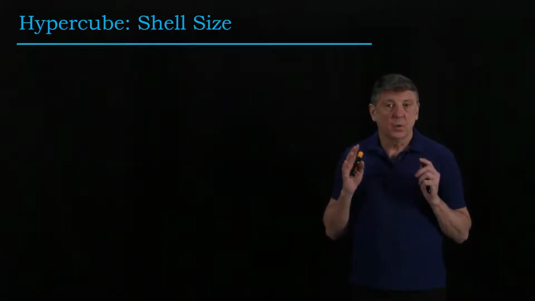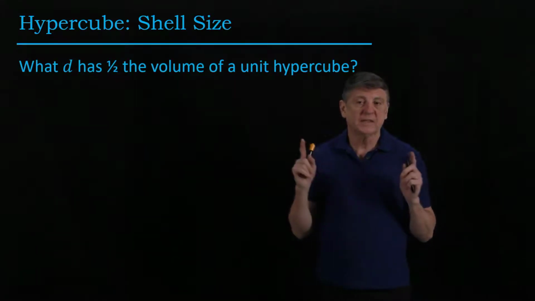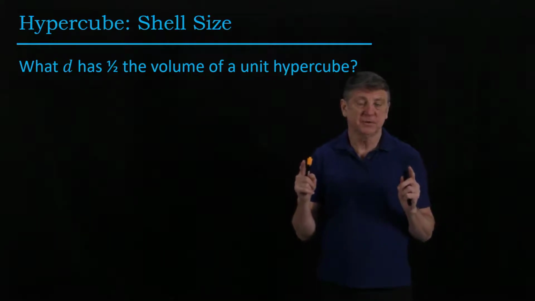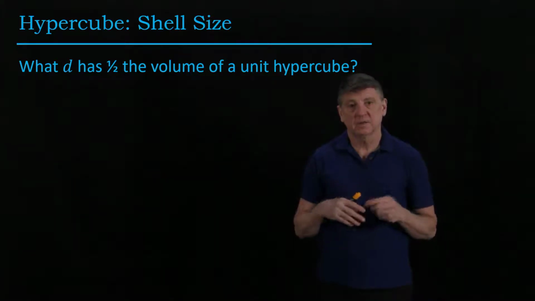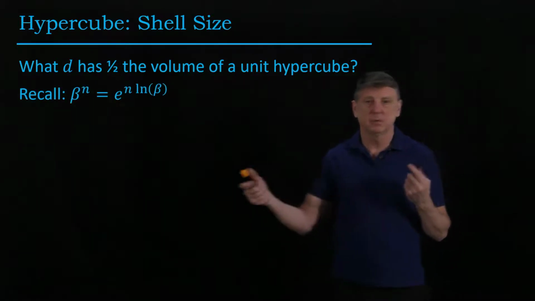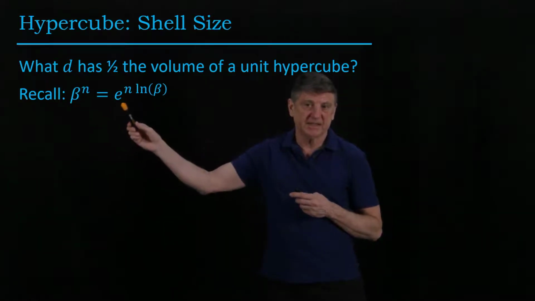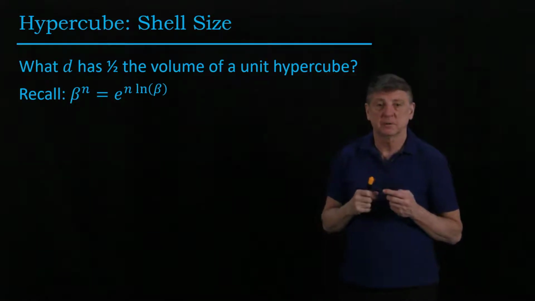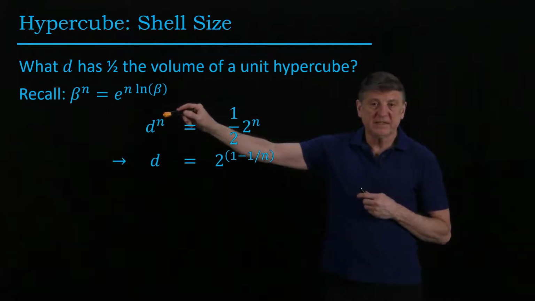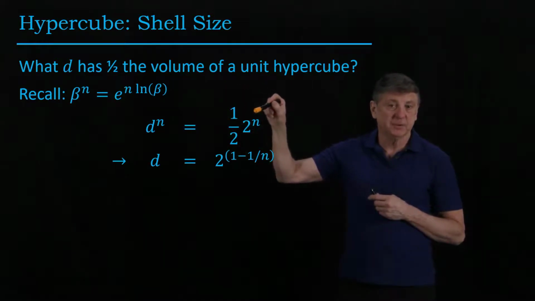Now, let's suppose we want to answer this question: what size of d has half the volume of a unit hypercube? This means we have to solve an exponential equation. We have to remember that any base beta raised to the n is e to the n times the natural logarithm of beta. So we ask what d has the property that d to the n is 1/2 of 2 to the n.